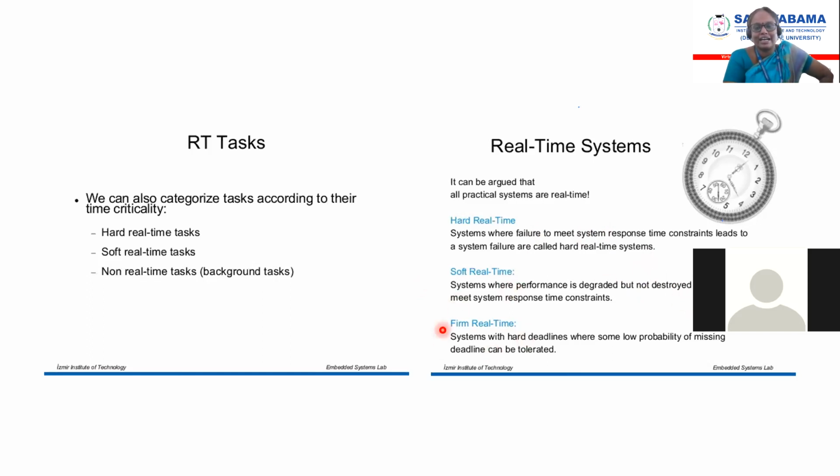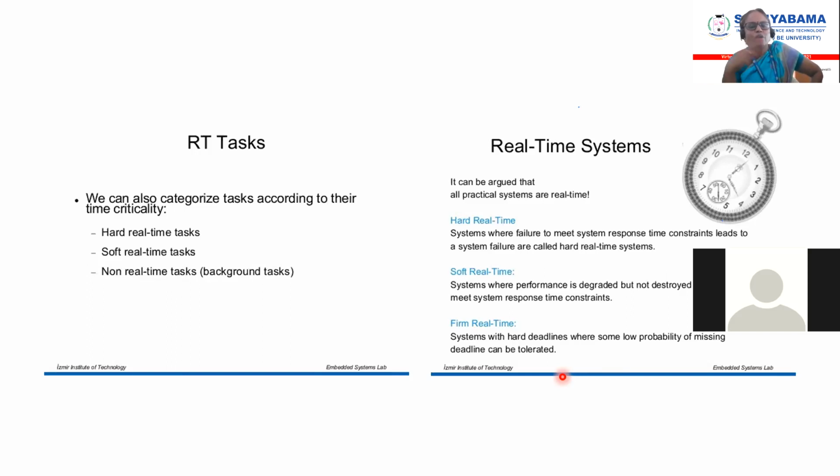Then firm real time, that means a system with a hard deadline where some low probability of missing the deadline can be tolerated. When I want to operate my wiper and it's not working, I have given some low probability, and it can be tolerated, it won't do much. So what we will do, we will stop the car and wipe our windows. That is called firm real time.